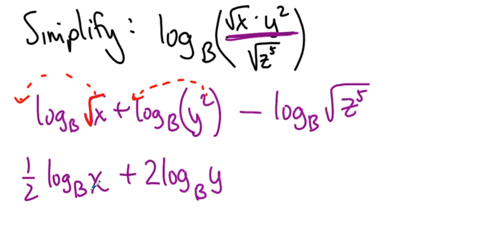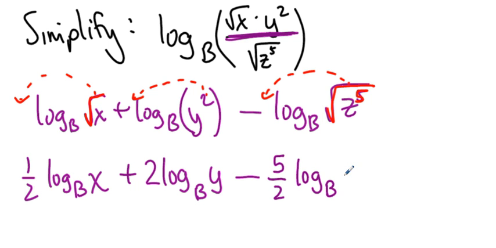And then I've got to think to myself, how do I get a radical and a 5th power to come down in front? What is the fractional exponent that raises to the 5th power but takes a square root? And that appears to be this one. And so if we were to expand the logarithmic expression in such a way that we're not dealing with radicals and powers, but we're dealing with just log of x, log of y, log of z, this is the way we would do it.